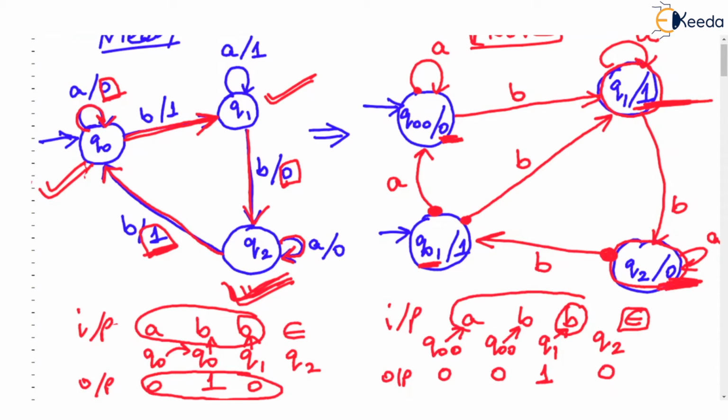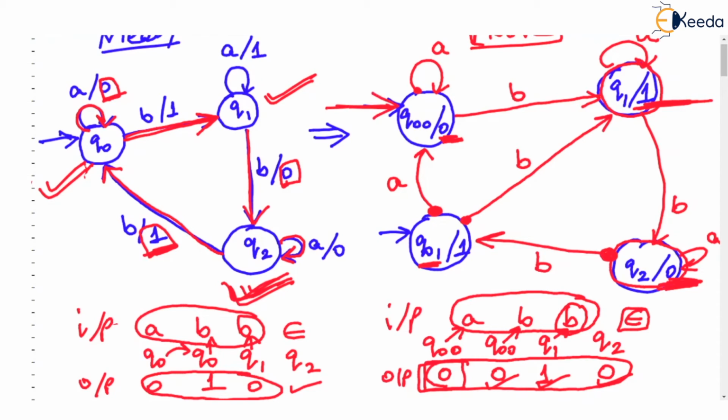Notice for the input ABB, the output is 0010, but that's the same as the given Mealy machine output. 010 were the last three symbols, and you know that the first output of the Moore machine is extraneous. But then which initial state did we take? We took Q00 as the initial state.